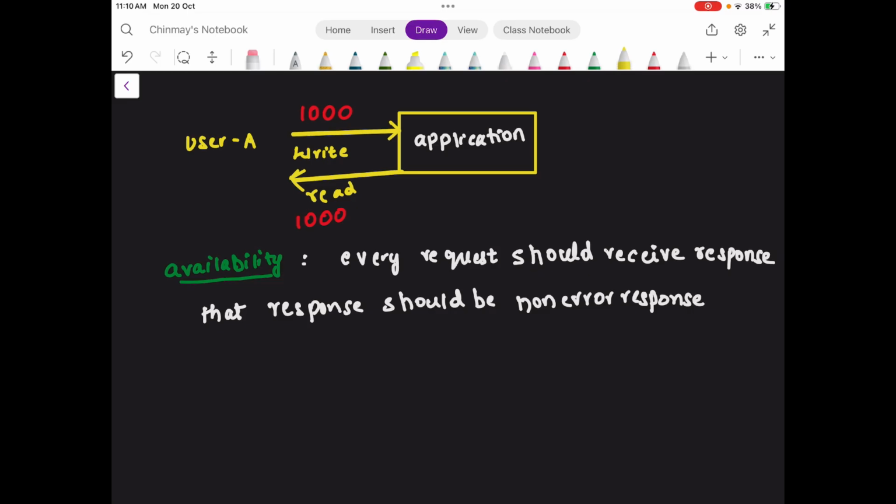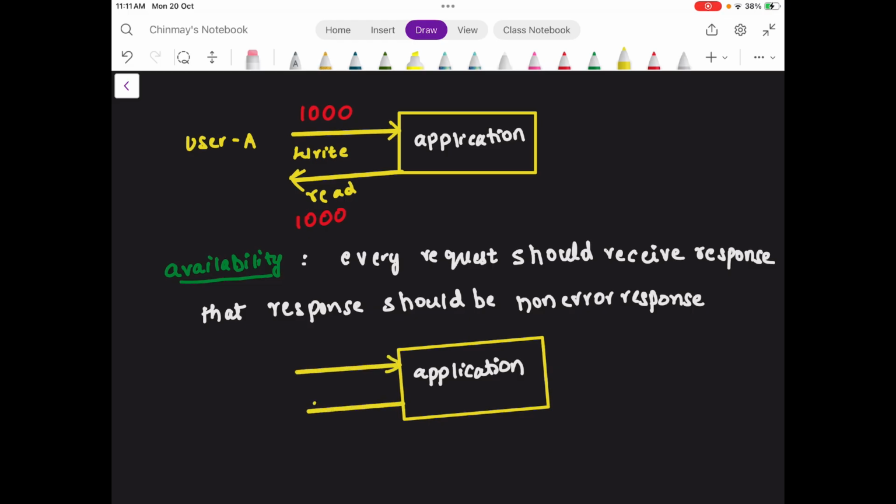Let's discuss in detail. For example, you have an application. If a user performs any kind of operation, whether it is a read operation or a write operation, it should give a response without an error. If the request receives an error response, that means your application is not available.